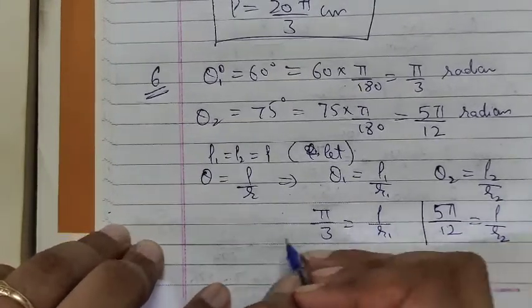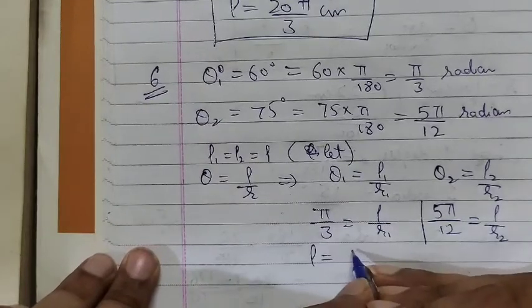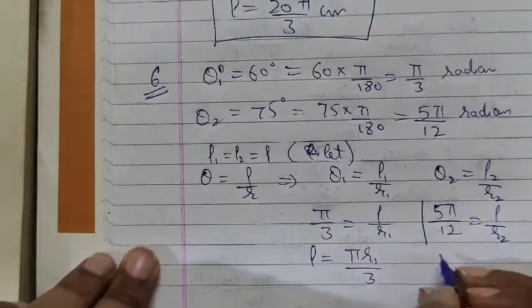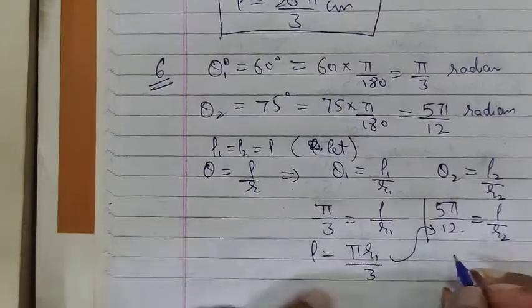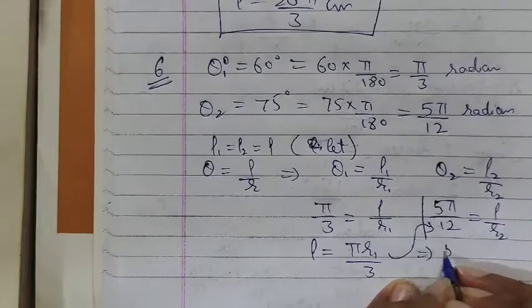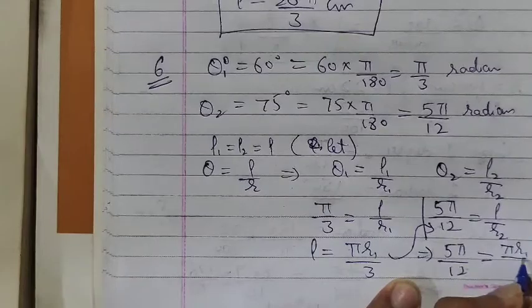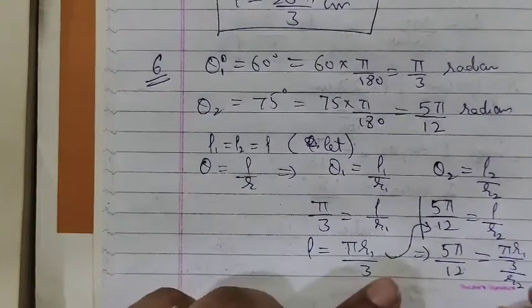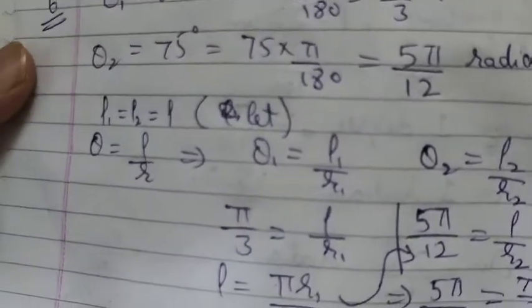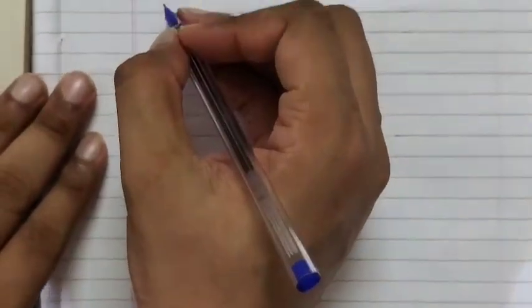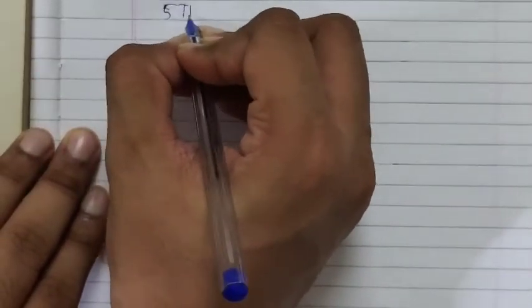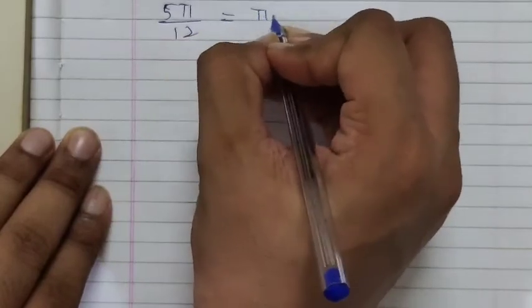From here, the L value is equal to pi R1 upon 3. Put this L value into the other equation. So 5 pi upon 12 is equal to pi R1 upon 3 R2, right?